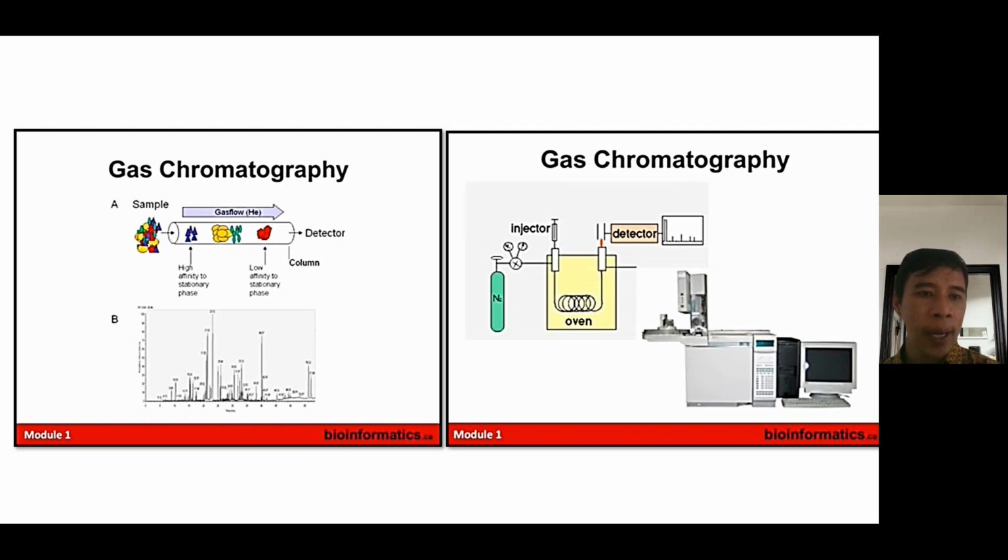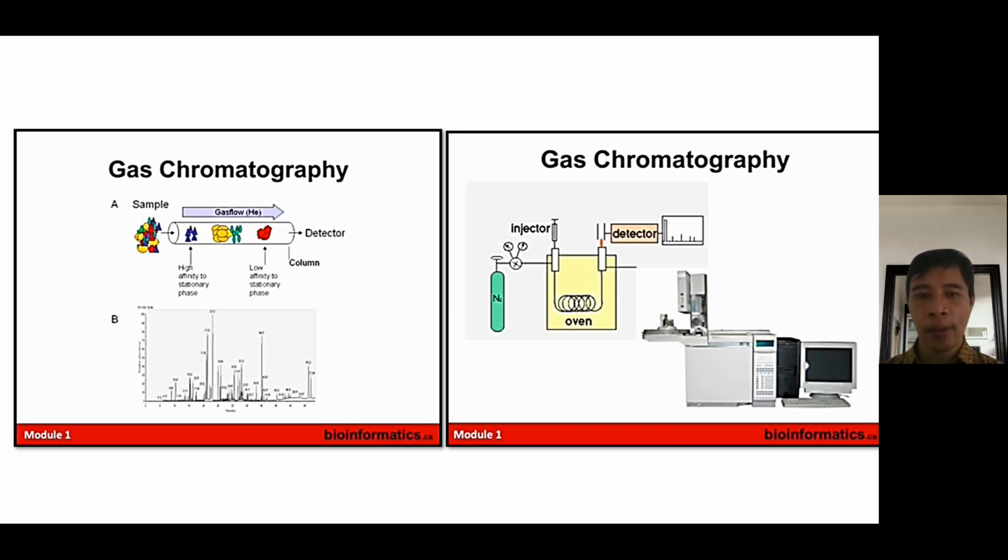And when your sample has a low affinity to the stationary phase, then the metabolite will be detected later. So in your results, like showing in chromatograms, you may find one kind of metabolite detected very early, like at 1 minute of running this chromatography. But another metabolite may occur later, like after 20 or even 30 minutes.